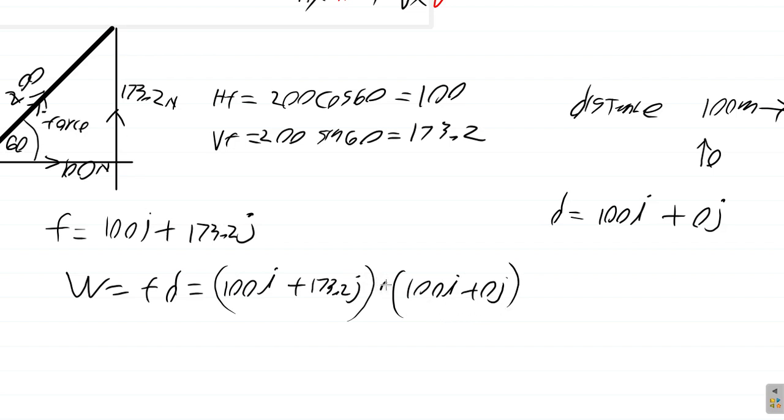But being that it is the dot product, what you're going to have is I by I, 100I times 100I, plus 173.2J times 0J.